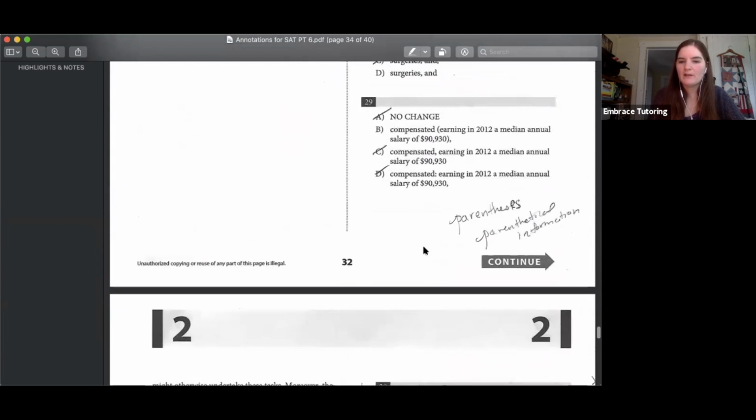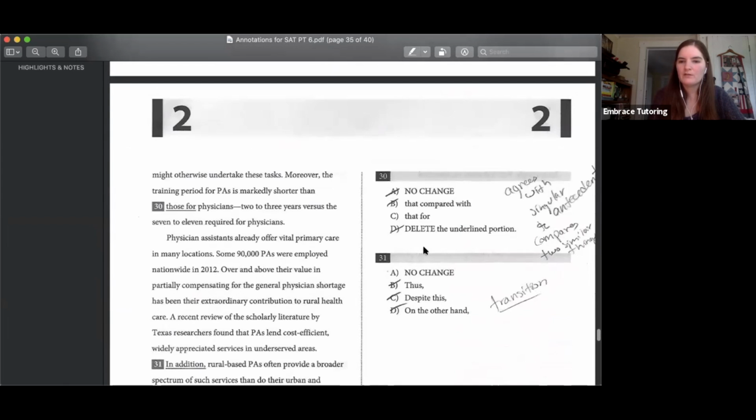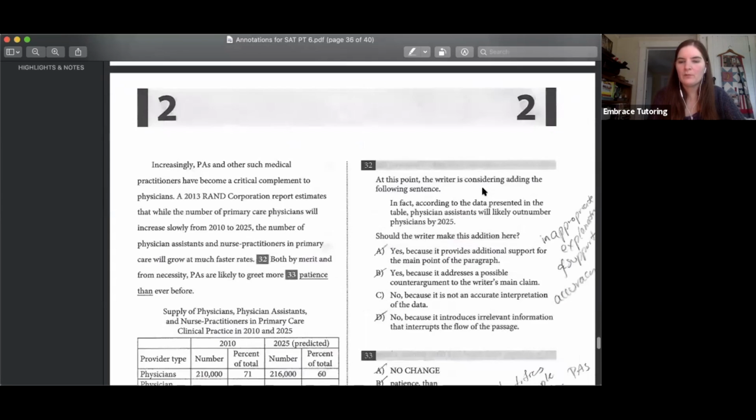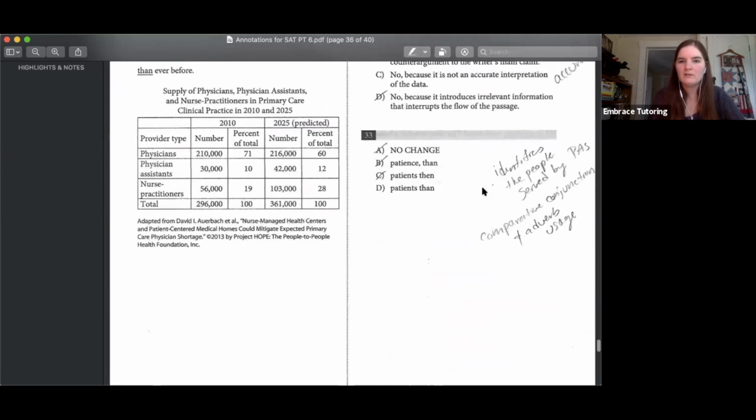Trying to see if we had any other subject, verb, object. Here, this one also works. So 30, if you weren't sure, check out my notes on that to give you a breakdown of that.